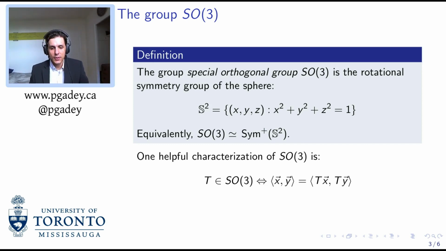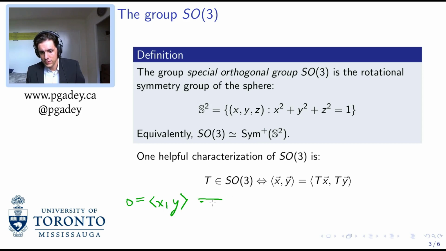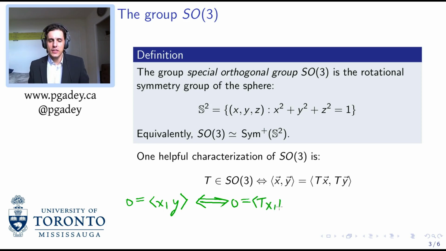The way that this connects up with orthogonality is that if we have a pair of orthogonal vectors, x and y, then when we apply our transformation t, they stay orthogonal. So the special orthogonal group is the collection of matrices that preserve the relationship of being orthogonal.